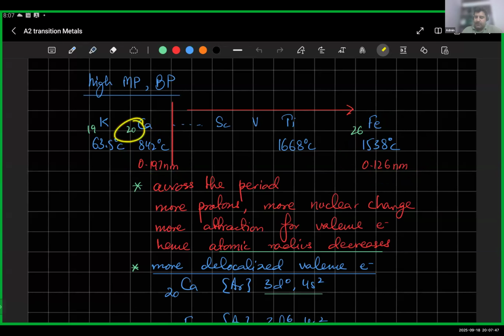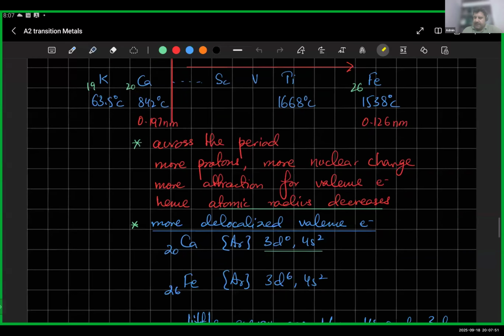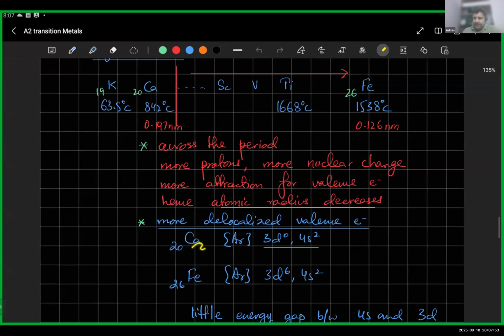Calcium has 20 protons, iron has 26 protons. They have the same number of shells. Calcium's configuration is 3d0 4s2, and iron's is 3d6 4s2. So with more protons, the electrons are more strongly attracted to the nucleus, which is why iron is smaller in size.